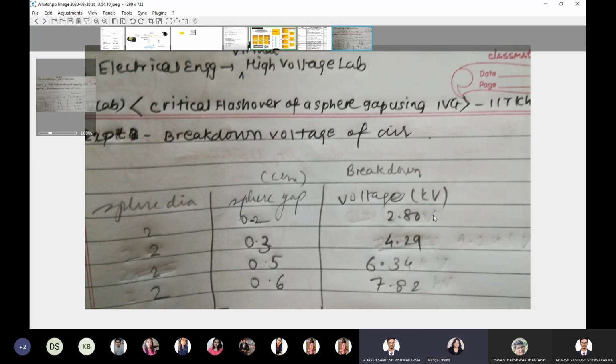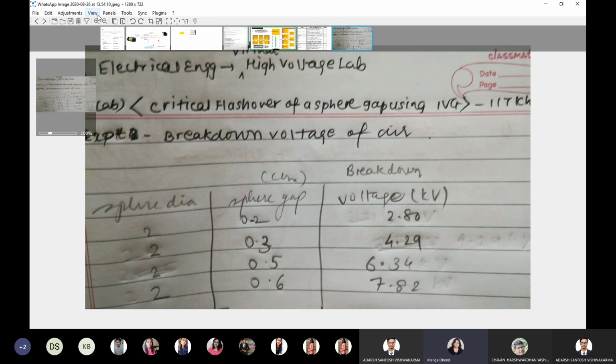Okay, and as per IS, how many times do you have to take readings for the same diameter, same gap? You got 5; this first reading, 2.8, you got first. As per IS, you have to keep same diameter, same gap distance, and again find out the voltage. Here you can increase voltage in steps, because you can't have a variac there and cannot vary voltage smoothly and continuously.